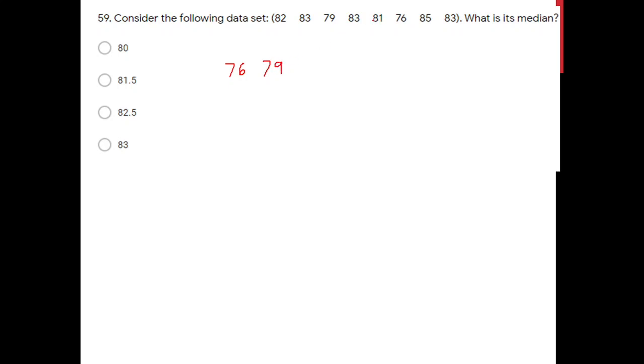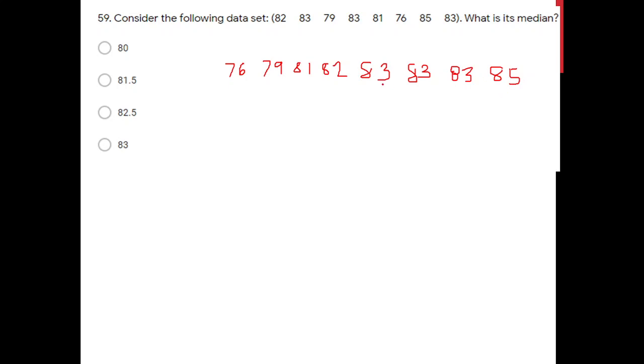After 79, you have 81. Next is 82. Next is 83, another 83, and another 83. You have three 83s and 85. Let's see, 1, 2, 3, 4, 5, 6, 7, 8.